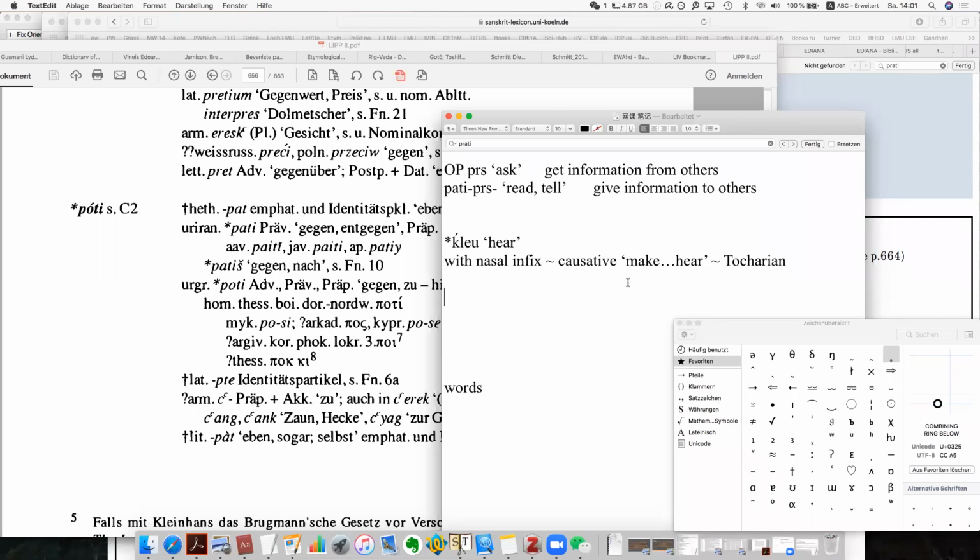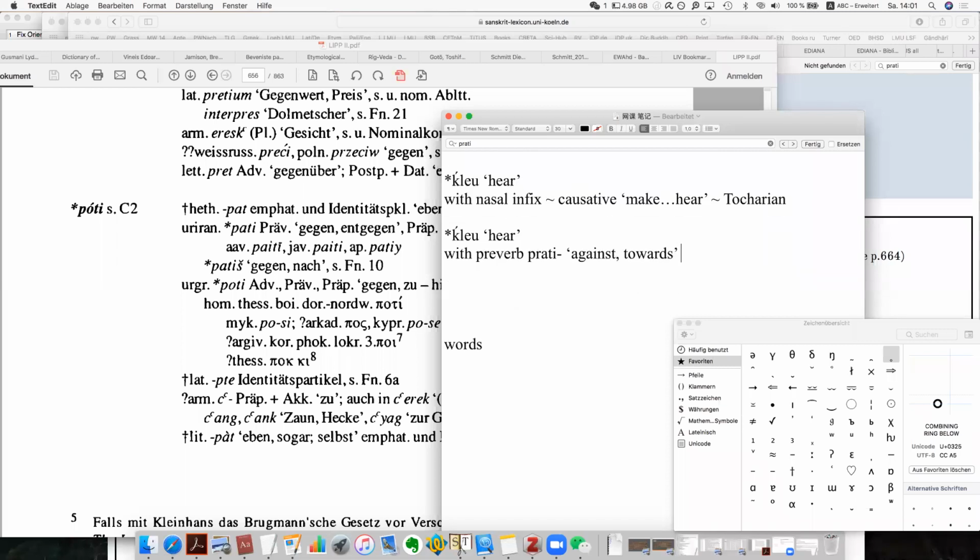Okay, and then here, if you use a preverb, and this preverb, prati, means against, towards, then you can have not really the causative, but the opposite or the reciprocal meaning, namely to say something, to promise.